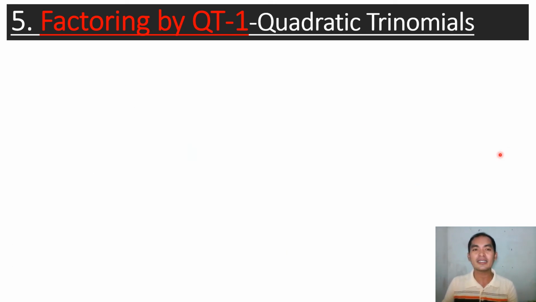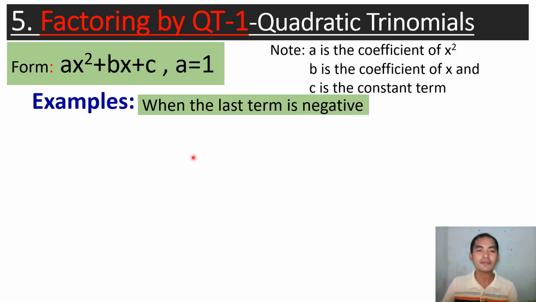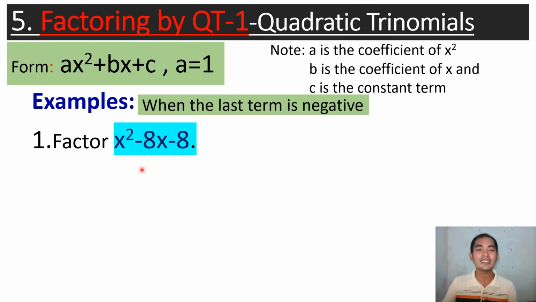Another case, when the last term is negative. For instance, factor x squared minus 8x minus 8. The last term is negative and the middle term is negative. Ano ang gagawin natin? Take note that the coefficient of x squared is still equals 1.